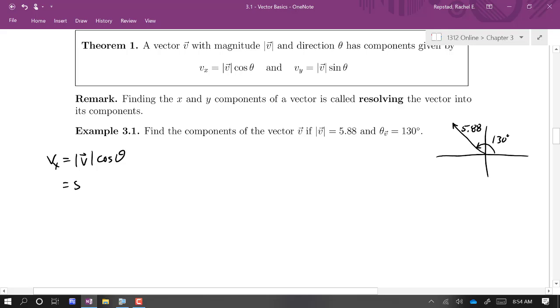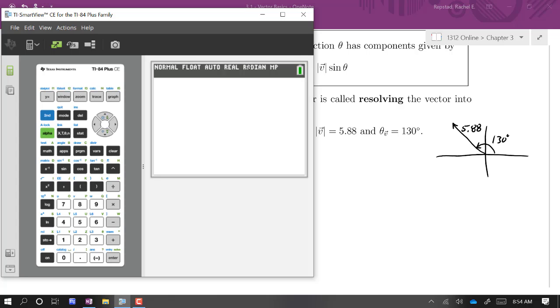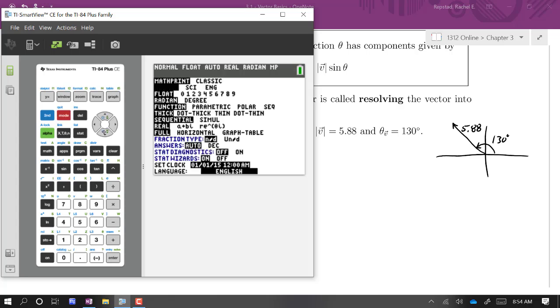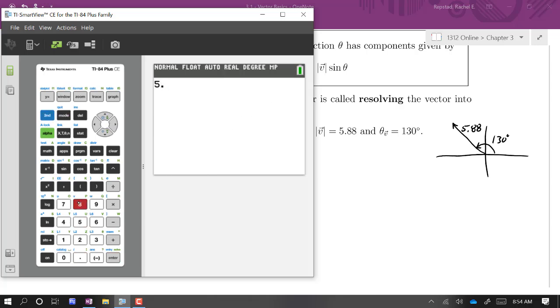So we're going to get 5.88 cosine of 130 degrees. I'm going to make sure my calculator is in degree mode. It's in radian mode right now. We get negative 3.78.